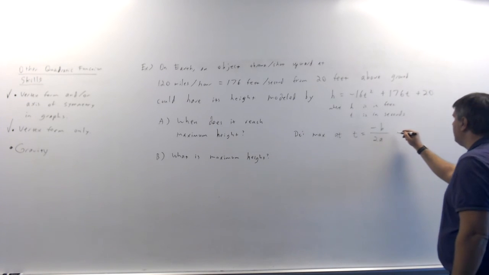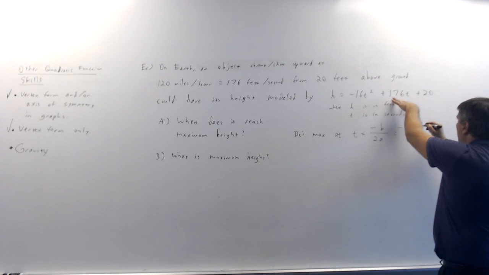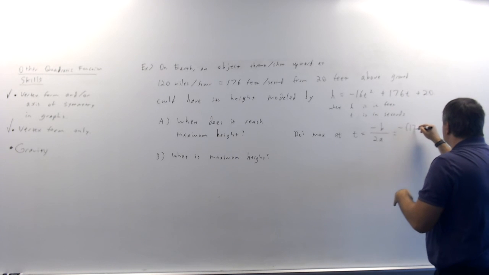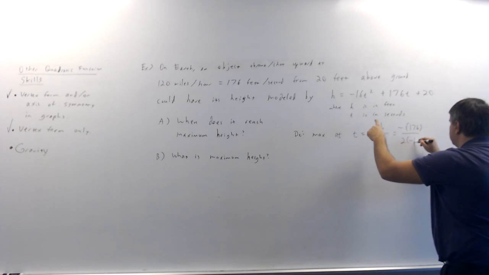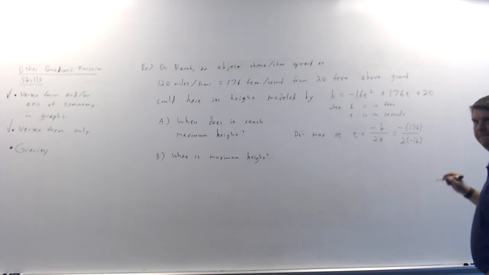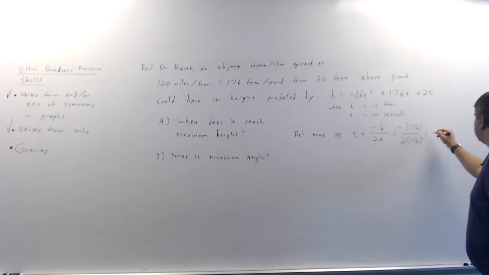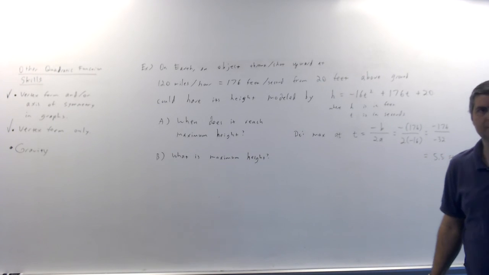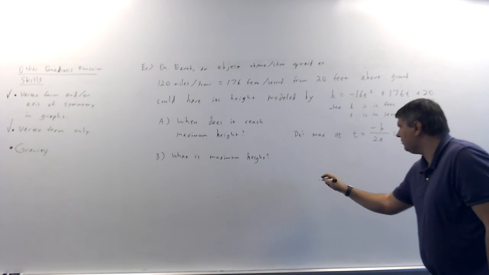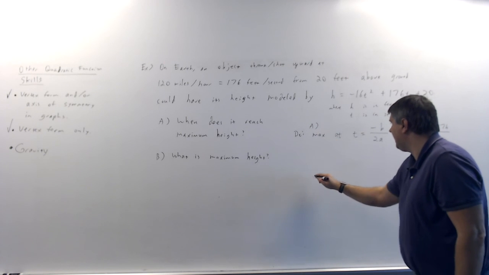So that would be negative 176 over 2 times negative 16, which is negative 176 over negative 32, which is 5.5 seconds. Okay? That is A.